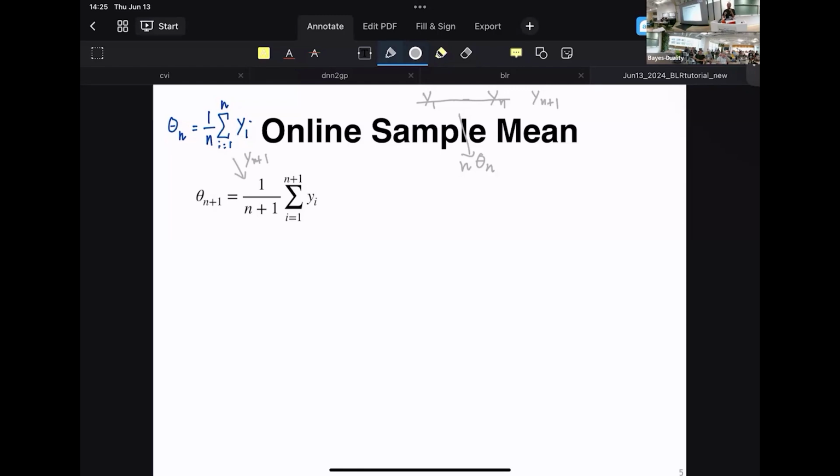But theta n is actually a partial answer, right? You also need to know how many samples you've seen, because otherwise you don't know the next one, how much it was. Was it 10,001 or 101 or 11? If you've seen 10 or 1,000 or 100, you don't know. So you need both, right? Does that make sense?